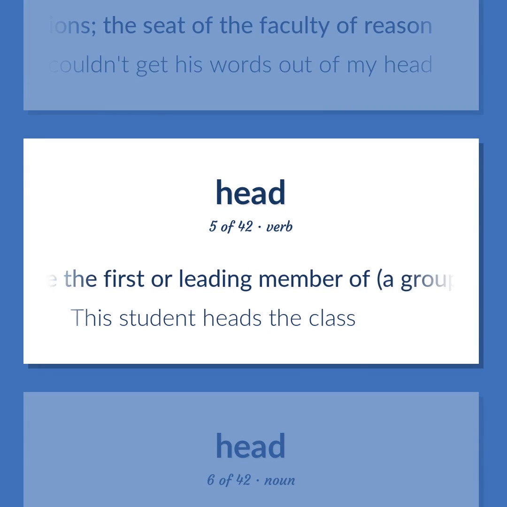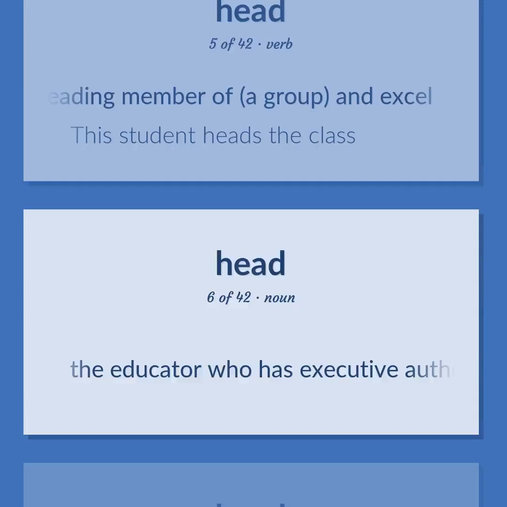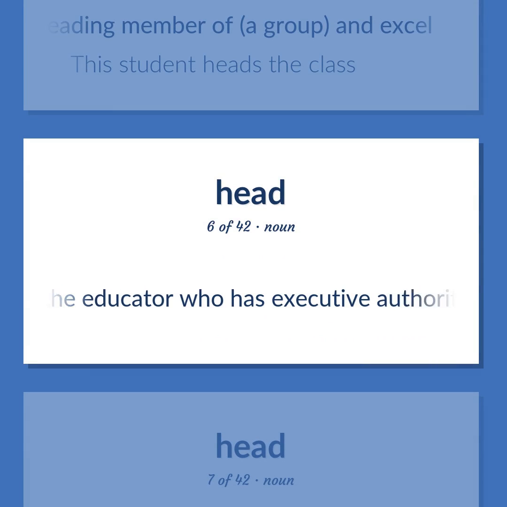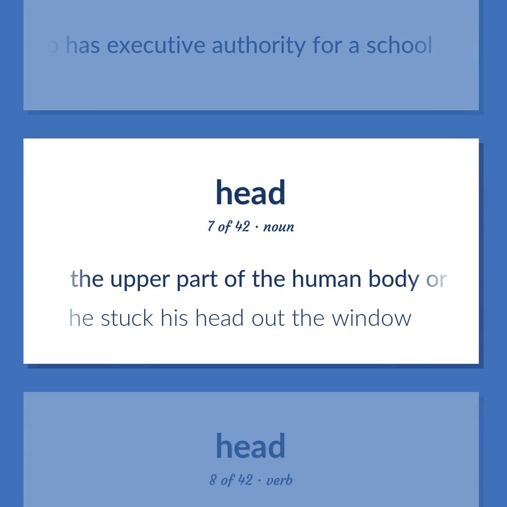Be the first or leading member of a group and excel. This student heads the class. The educator who has executive authority for a school. The upper part of the human body or the front part of the body in animals, contains the face and brains. He stuck his head out the window.